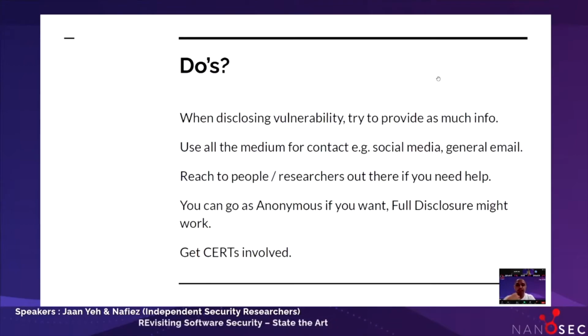But if you want to do full disclosure, that's where you want to go anonymous. And of course, reach out to other researchers out there if you need help, because some people don't get attention from the vendors, so you can help others to contact or liaise with the vendors. And of course, get CERT involved in case it is a really urgent matter.